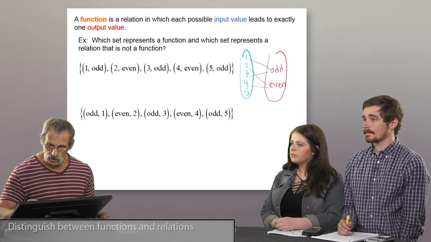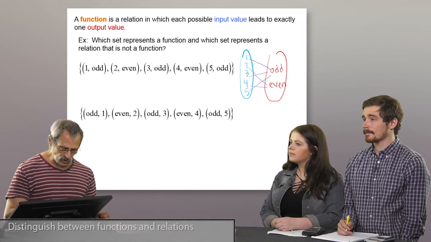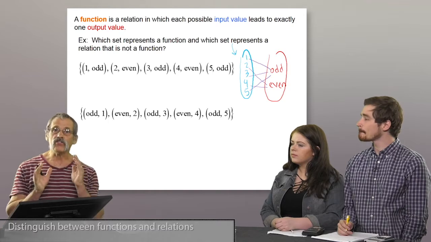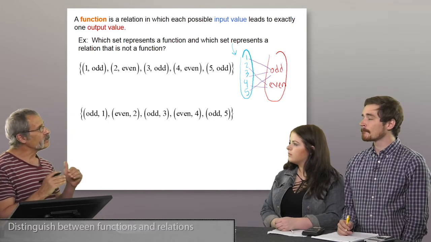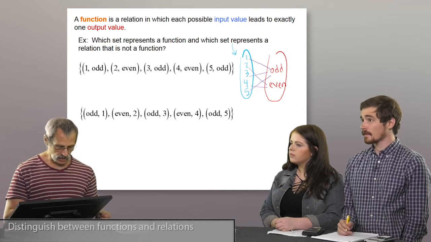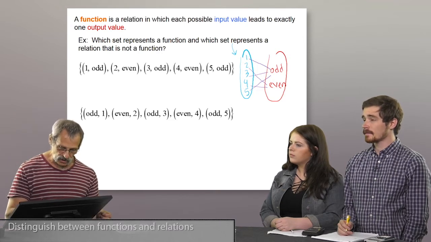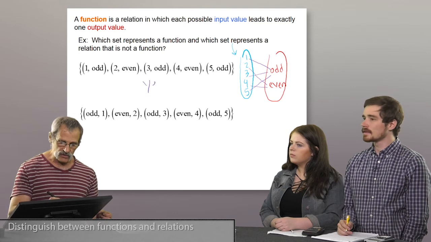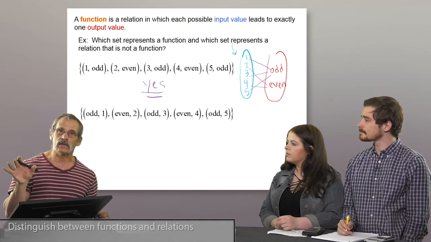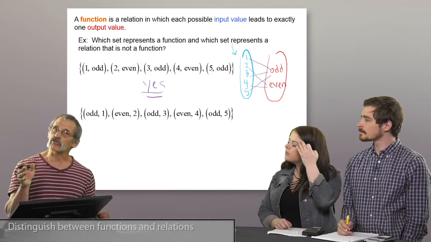So you're asking yourself, when you look at this set, is each of these input values going to 1 output? They are. So this relation is a function. I have my outputs repeating, but I don't care about that. What I don't want is the inputs to repeat.